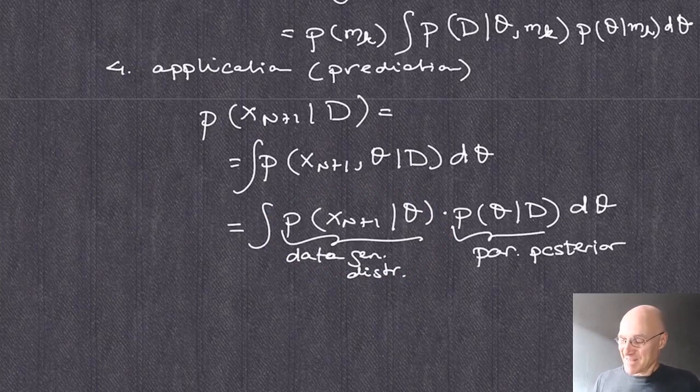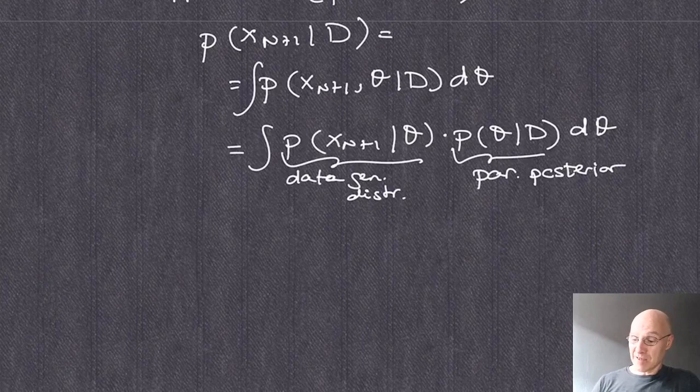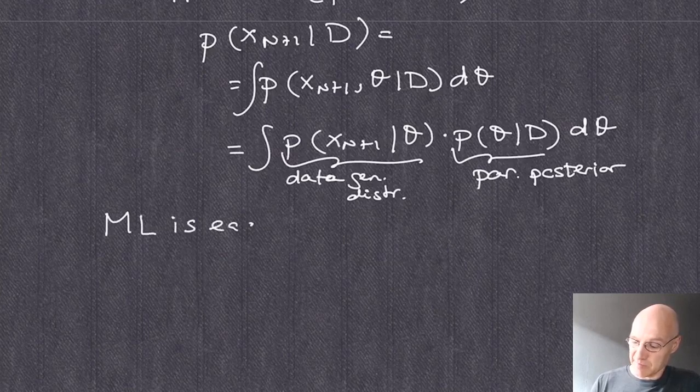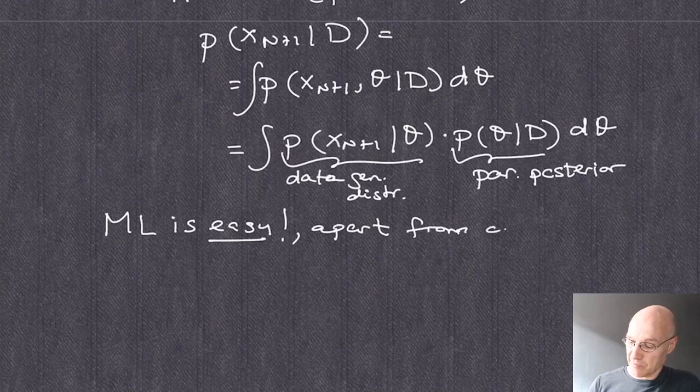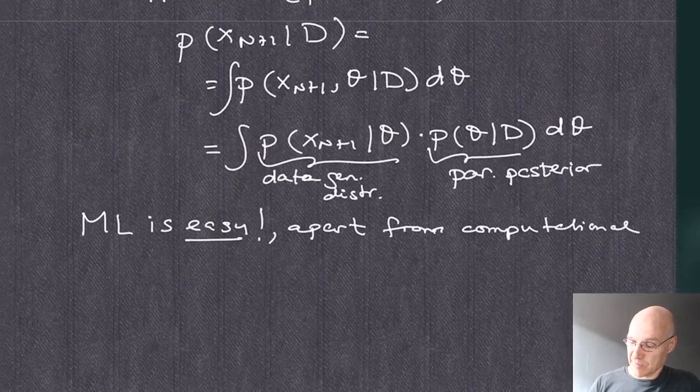Well, that means if you can execute this, or if this is a practical integral, and that's where Bayesian machine learning basically is complex. As you can see, we can always write down all the formulas, and we can, if you will, conclude that machine learning is easy apart from computational details.